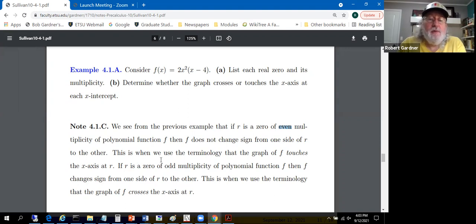That is, when we use the terminology that the graph of f touches the x-axis, that occurs when you have these even exponents. I don't know if it was above and came down and touched or below and came down and touched, but I know that with an even exponent, you're not going to get a change in sign from one side of the 0 to the other side of the 0 that corresponds to that factor.